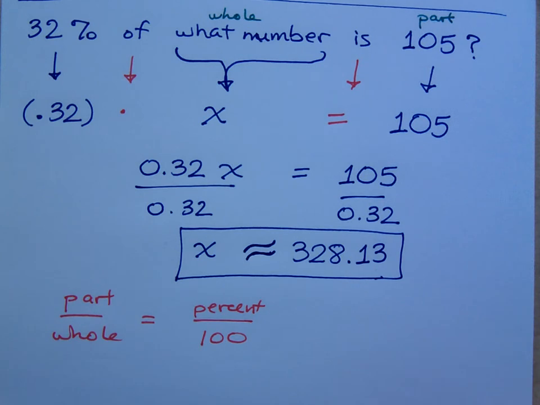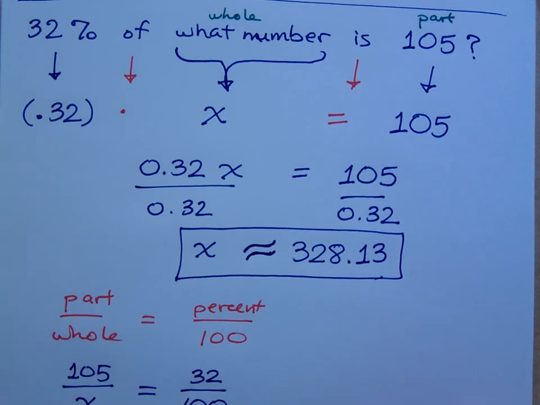So what is your part to whole? This is the tricky part. You got to read and be very careful. What's the part? We've established the part as being 105. What's the whole? We don't know. Your percent is 32 out of 100.